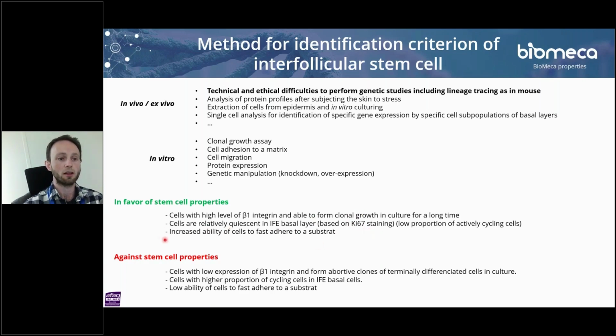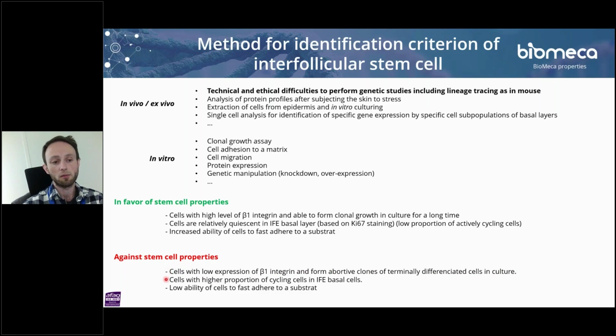And then the last argument is that stem cells have the capacity to adhere faster to a substrate than non-stem cells. As the opposite, cells with low expression of beta-1 integrin that form abortive clones of terminally differentiated cells in culture are described as non-stem cells.